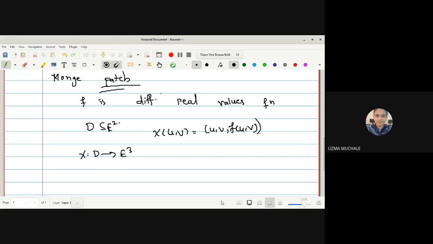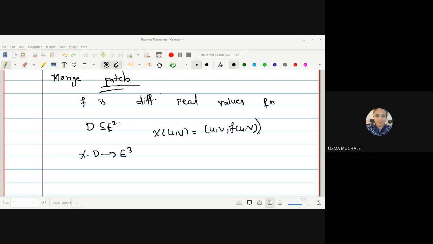Okay, if we have a mapping in such a way that the first variable is u as it is, second v as it is, third variable is a combination of first two, that is some function in u and v, then if it is a proper patch it is called a Monge patch.